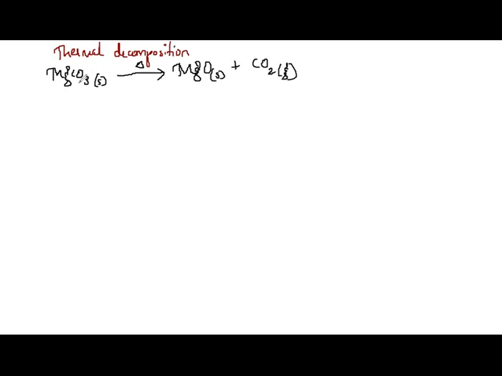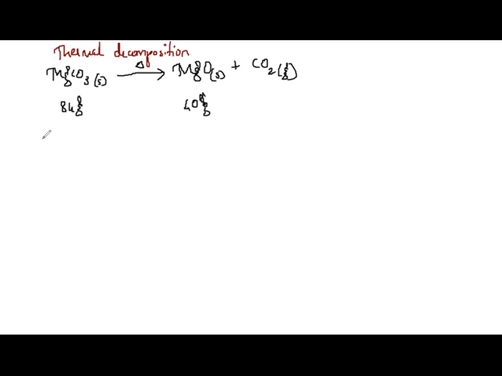What is the molecular mass of magnesium carbonate? This is 24 plus 12 plus 16 into 3, which is 48. Total molecular mass comes out to 84 grams. 84 grams of magnesium carbonate gives 24 plus 16, 40 grams of magnesium oxide, correct?